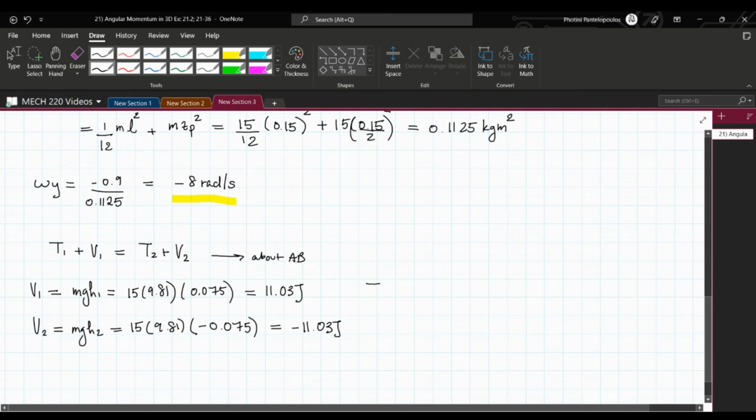For T1, now the full expression of T1 would be the translational kinetic energy plus the rotational kinetic energy. However, since our rotation is happening from the bottom of the plate, this will essentially be 0. And what do I mean by that?